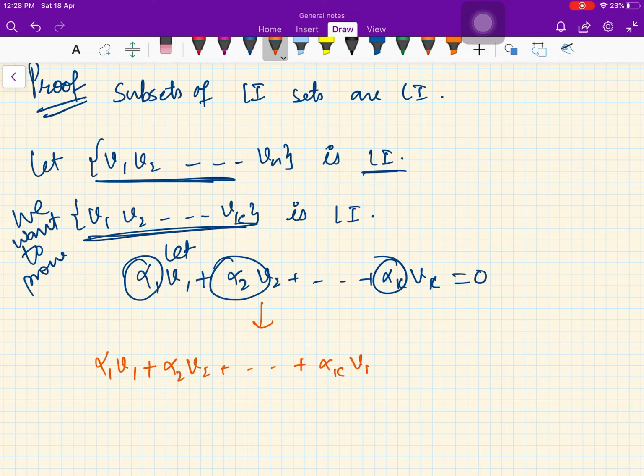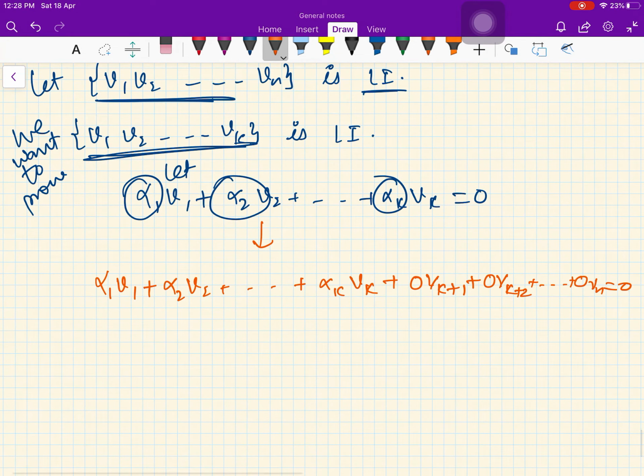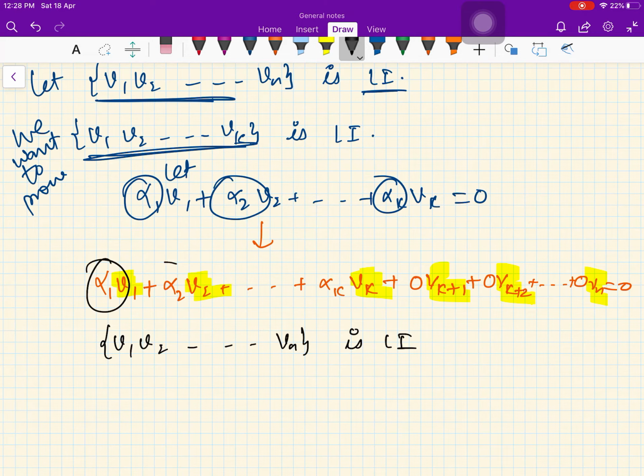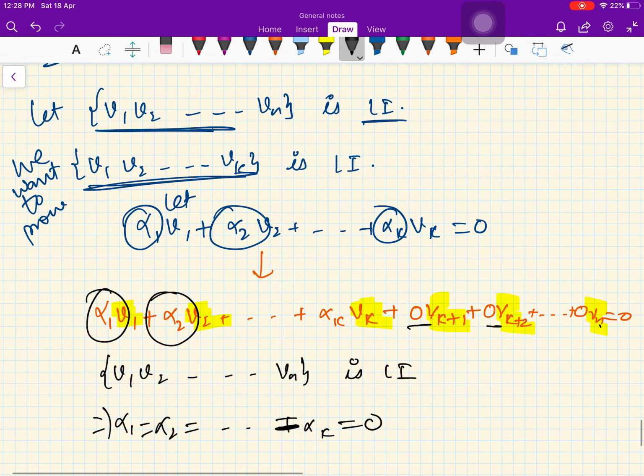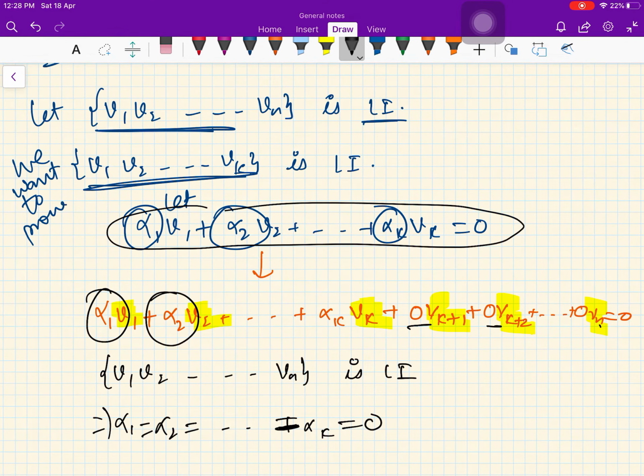Now you see I can write it like this: alpha 1 v1 plus alpha 2 v2 plus so on alpha k vk plus 0 into vk plus 1 plus 0 into vk plus 2 and so on, 0 into vn, equal to 0. Now you see here you have v1, v2, ..., vk, vk plus 1, vk plus 2, ..., vn, and this set is linearly independent. It means all of alpha 1, alpha 2, ..., alpha k are zeros, and the rest are automatically 0.